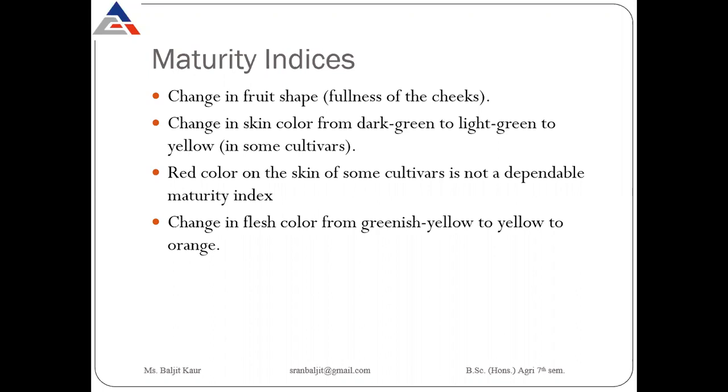Skin color changes from dark green to light green, right? Some varieties have a red color tone on their skin, but this cannot be used to judge fruit maturity. And there is a change in flesh color from greenish yellow to orange. At the time of maturity, the flesh color changes from green to yellow and yellow to orange. So these are all maturity indices.